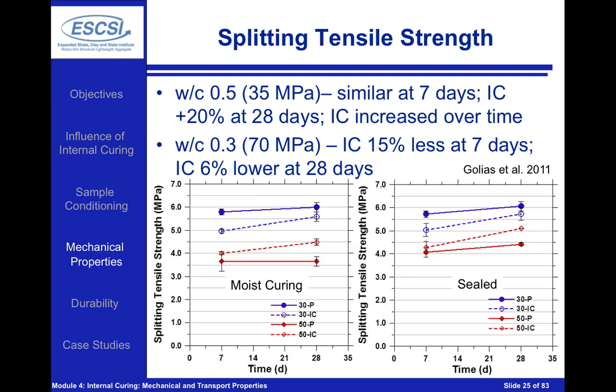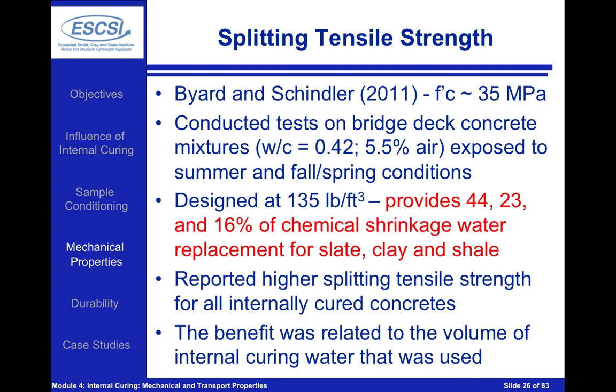It's going to depend a lot on the matrix that we use for these materials. So typically in a lower strength concrete, we're going to see a slight improvement in the tensile splitting strength. If we get to very high strength concretes, we're going to see that the benefits of hydration are going to be moderated by the porous particle itself, and we can see a slight reduction in the splitting tensile strength.